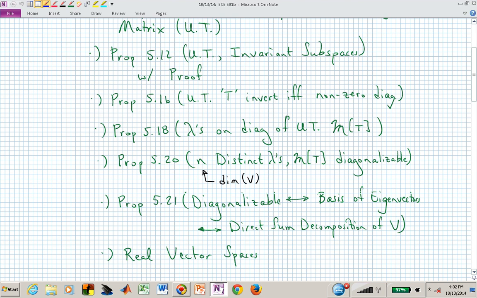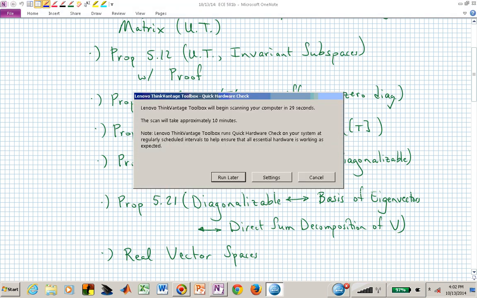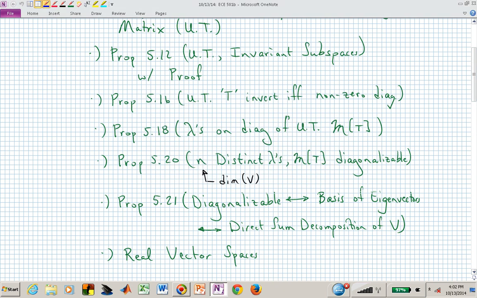Proposition 18 says that the eigenvalues are on the diagonal of an upper triangular matrix.